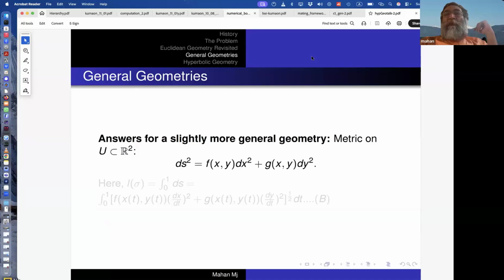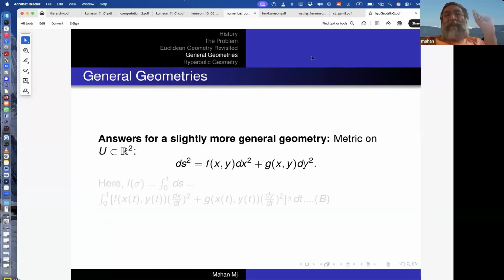When I write dx square plus dy square, there's another thing which is implicit: dx square has a coefficient which is 1, and dy square also has a coefficient which is 1. But these coefficients are not really numbers. That's the second piece of understanding. These coefficients are really functions, the constant function 1 defined on R2.